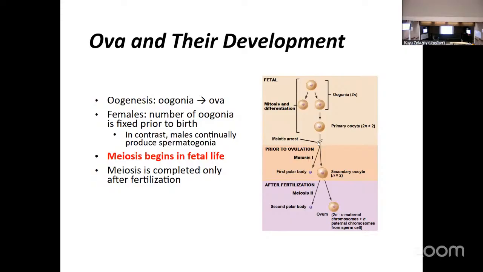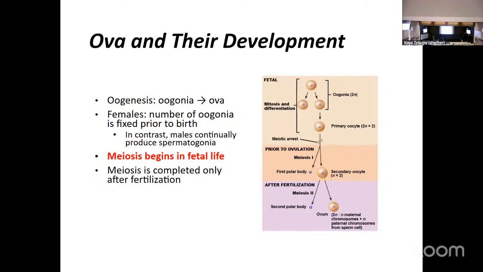So where we've set up for meiosis, we've kind of sort of started it a little bit. We got to pause. And that pause is happening like when you are born, right? So you're already set up, ready to go through meiosis when you are born with these developing egg cells. And that meiosis just continues during our menstrual cycle and doesn't actually complete until after fertilization.